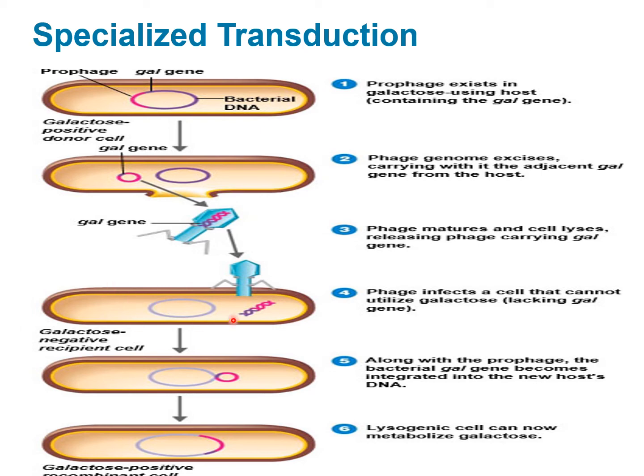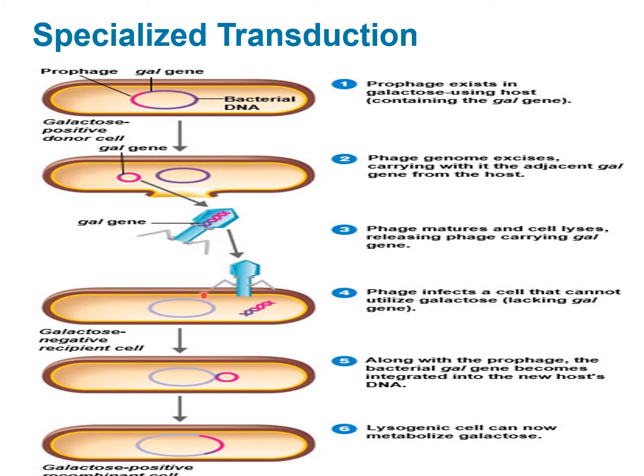But let's say that this galactose negative bacteria gets infected by a bacteriophage. And the bacteriophage, as you can see, attaches itself and starts releasing its phage DNA. But now this phage DNA is not only viral DNA, it's viral DNA and a piece of the old host's DNA, which is the gene that's going to help metabolize galactose.